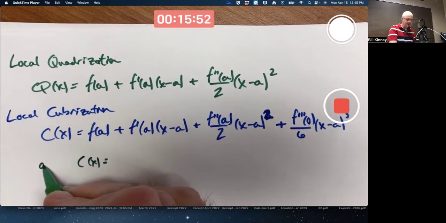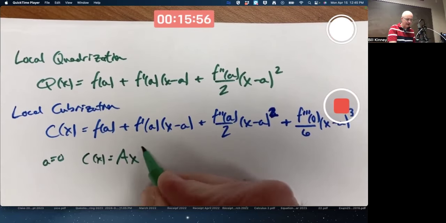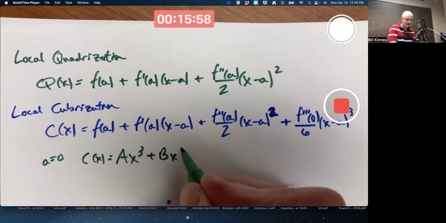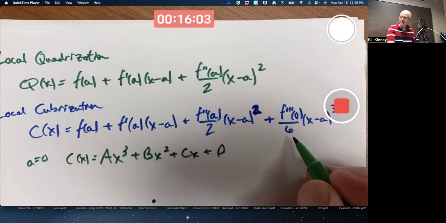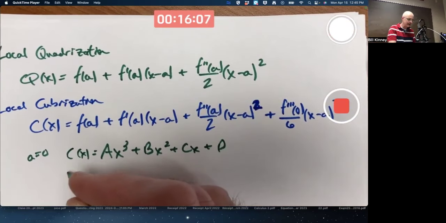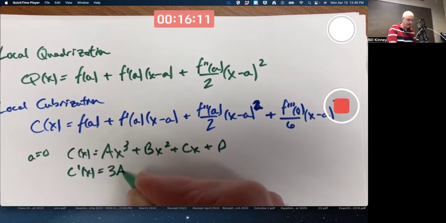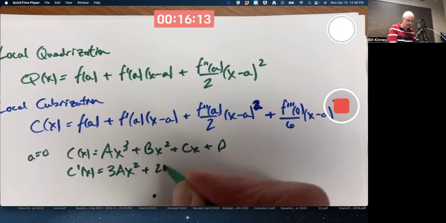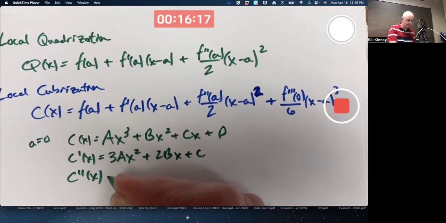If I was using little a equals 0 and using a general cubic like this, probably the most mysterious is why does this one involve f triple prime of 0 divided by 6? Let's see if we can at least get an idea about why that's true. Take the derivative. This is what you'd get. Take the second derivative.